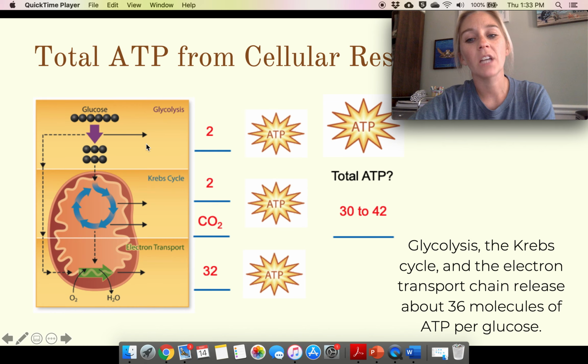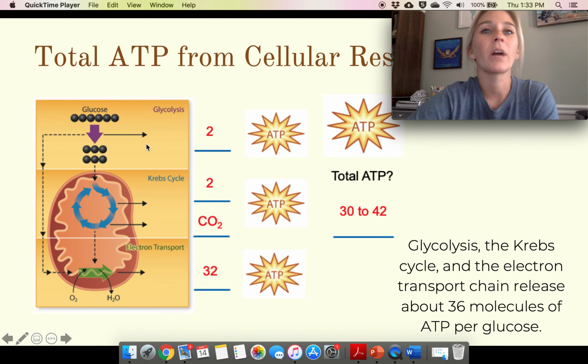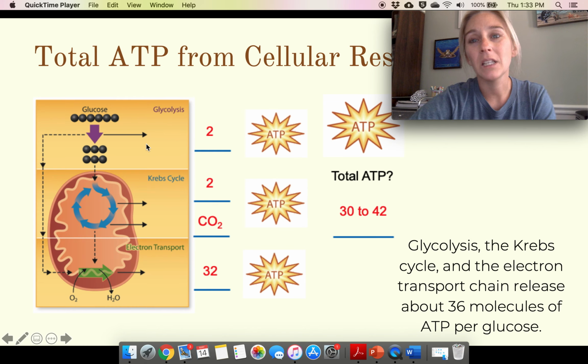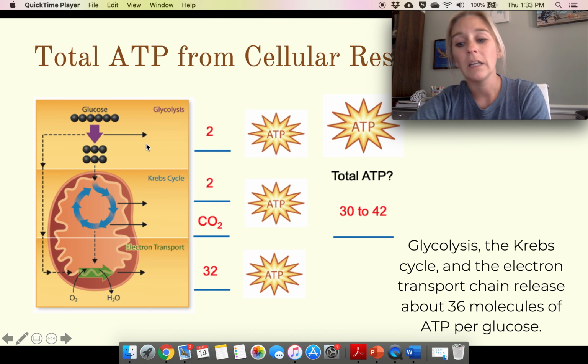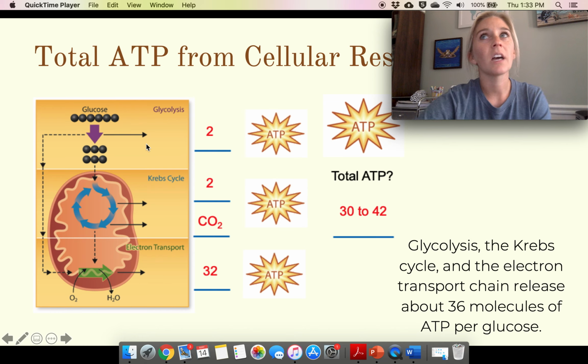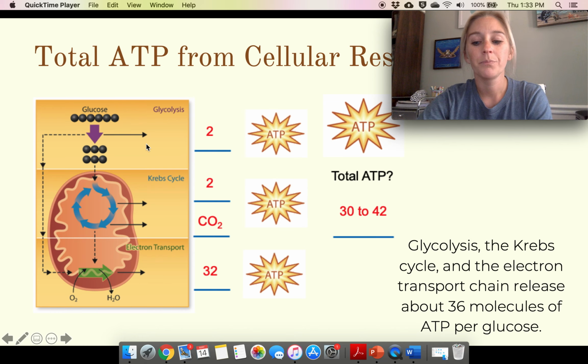So these numbers add up to 36, but the actual number varies and can fall between a range of 30 to 42. 36 here is reasonable because it assumes 2 ATPs for each FADH2, 3 ATPs per NADH, which would approximately be 36. So this is all the energy that can be generated in aerobic conditions, so conditions that have oxygen available.